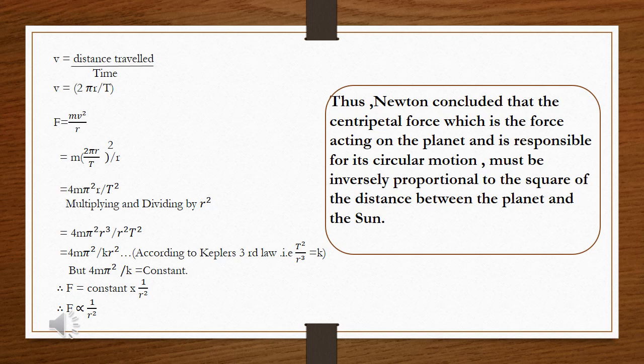That means F is inversely proportional to the square of the distance. Newton concluded that the centripetal force, which is the force acting on the planet and responsible for its circular motion, must be inversely proportional to the square of the distance between the planet and the sun.